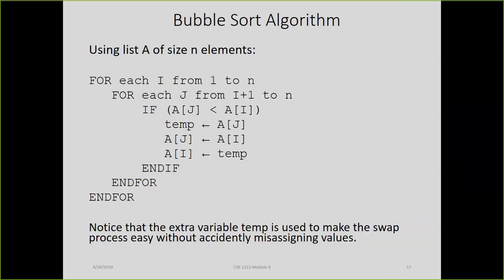The clue is here in the inner loop: for each j from i plus 1 to n. So j is increasing, the inner index is increasing. That means it is going forward, to the right side, okay? The left index is increasing by 1. So the clue is here.